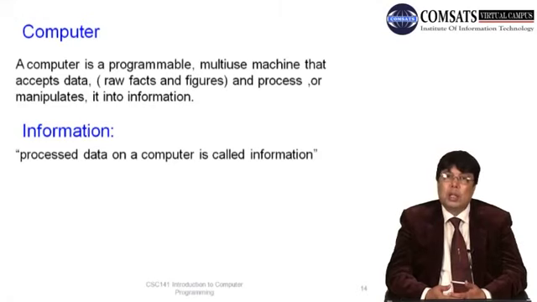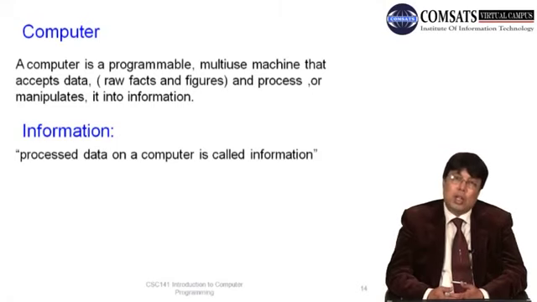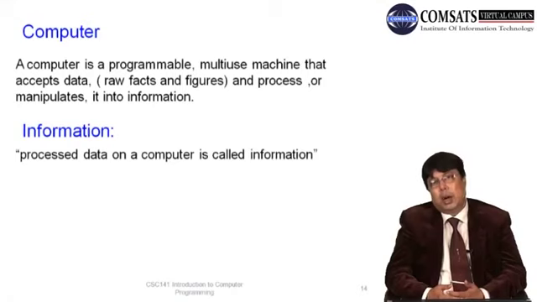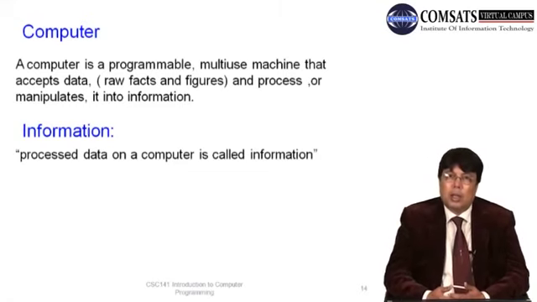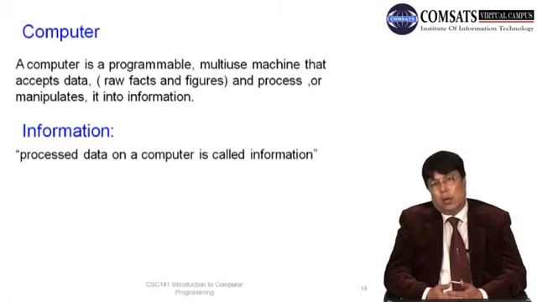So we have discussed data and information. There is a relationship between data and information. The data is basically the raw fact. Your name, my name is a raw fact. The title of this course is a raw fact. Our date of birth is a raw fact.